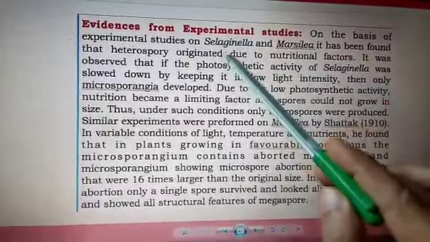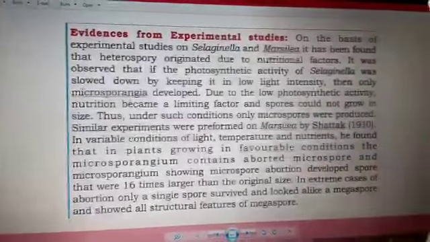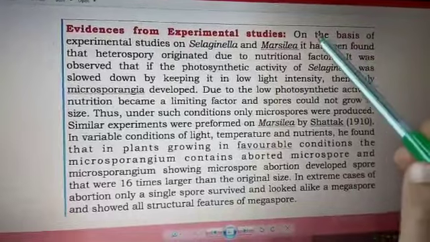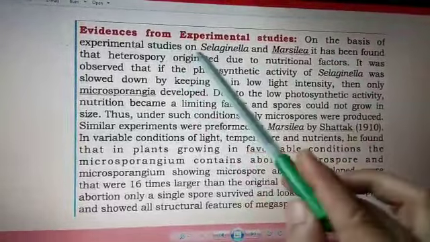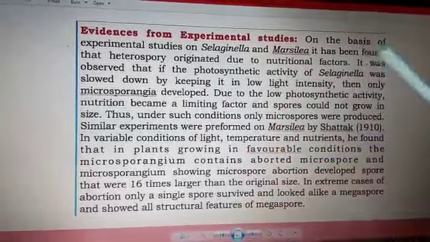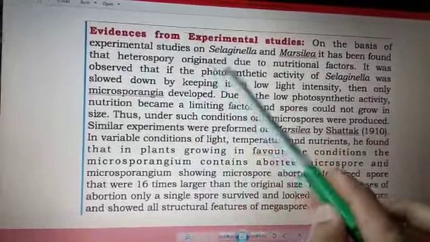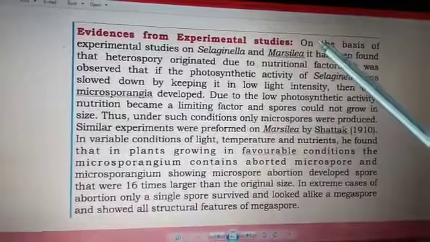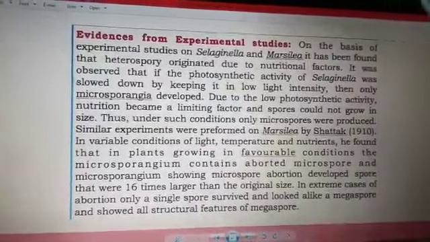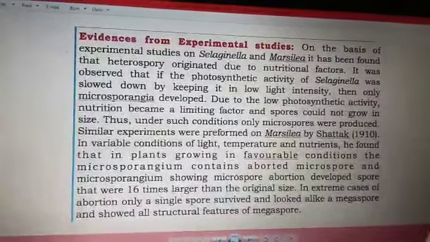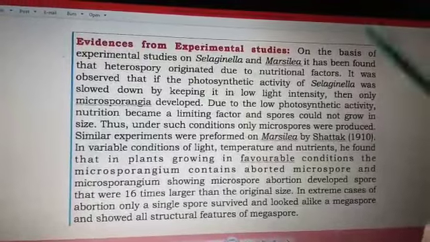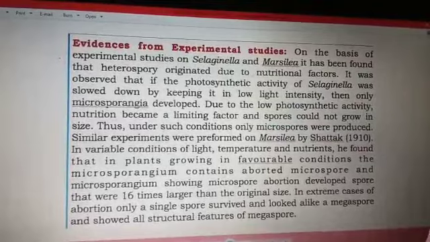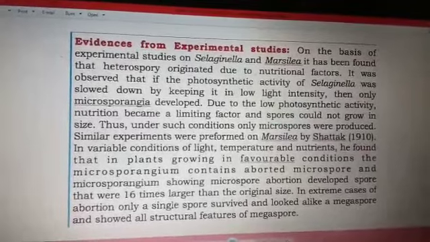Now they have chosen Selaginella and Marsilea for these experimental studies. They say that on the basis of the experimental studies on Selaginella and Marsilea, it has been observed that heterospory originated due to nutritional factors. We have seen this in our first session, in fact, showing a diagram where the microsporangia led to the formation of a megaspore, and the megaspore evolved into a seed.